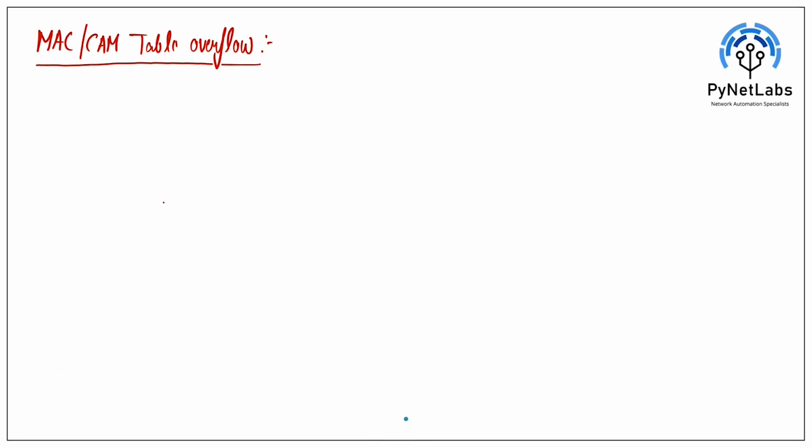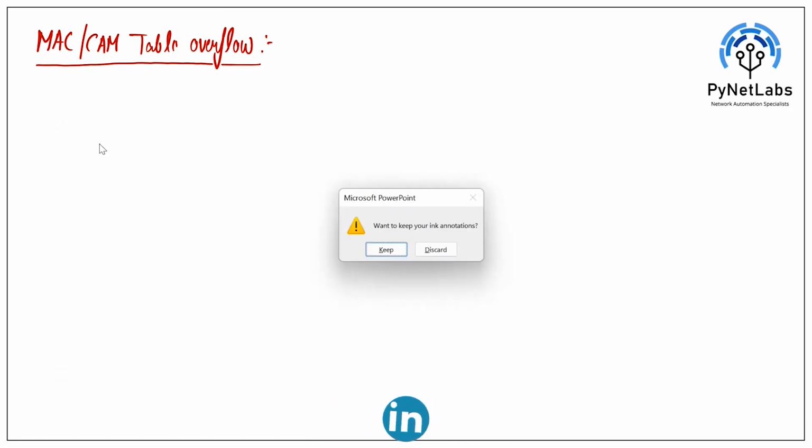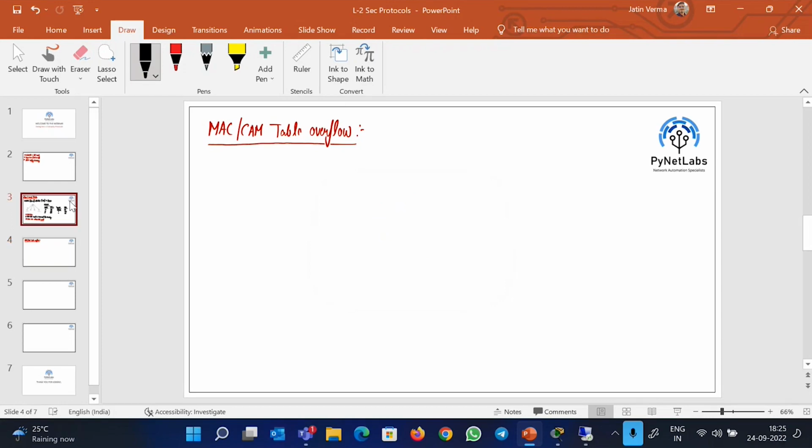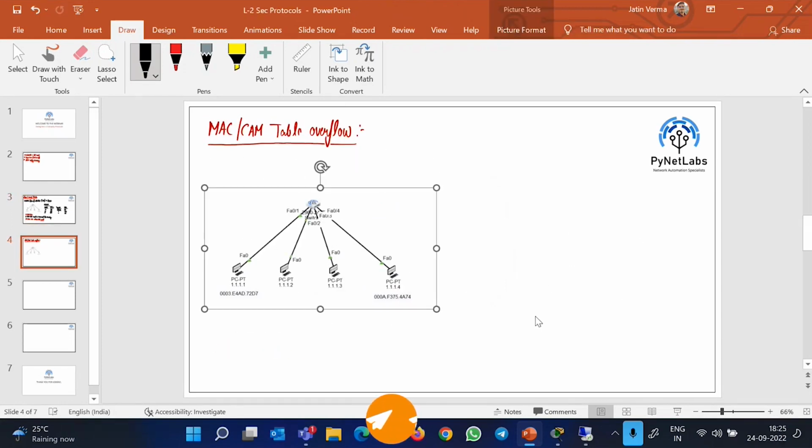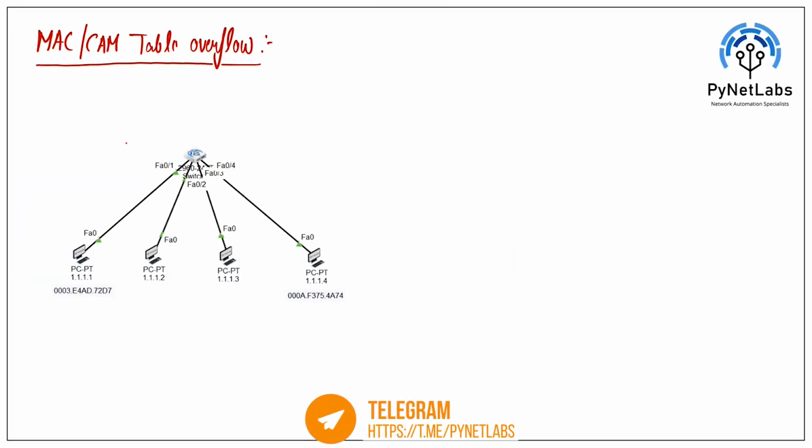Let's say there is an attacker and he got access to your switch. So, for example, let's take that snap again here. This is the scenario we are taking just to understand. Let's say this is our production environment and some attacker got access to the network using our switch.